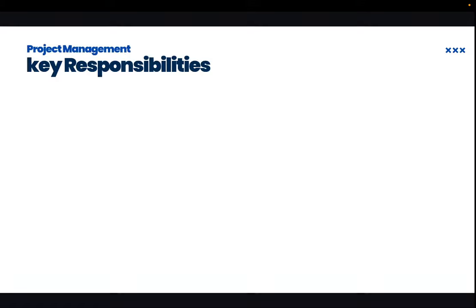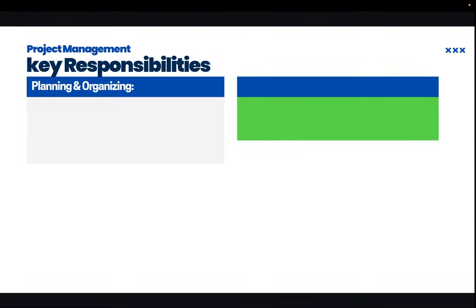Now, let's move on to talk about the key responsibilities when it comes to project management, right? So, I'll just tackle the most important ones. And yes, because project management is very broad, right? Good. So, the first one we are going to talk about is planning and organizing, right? And the second one is budgeting and cost control.